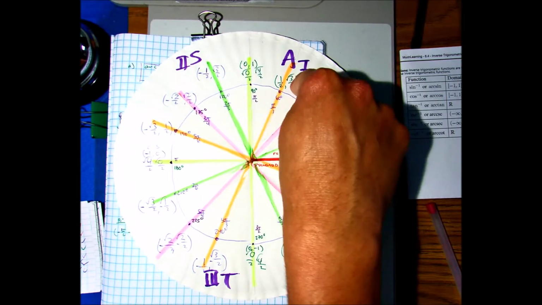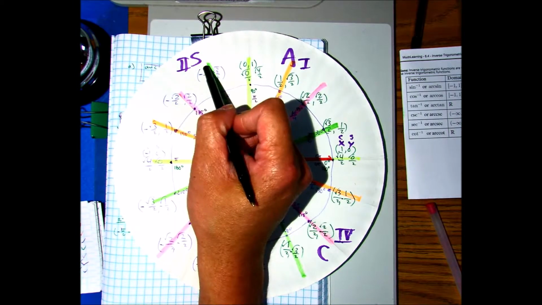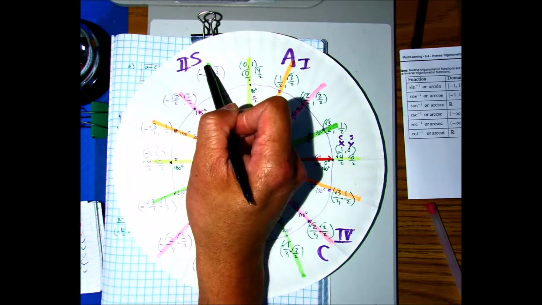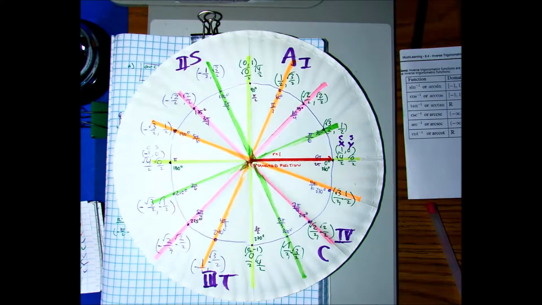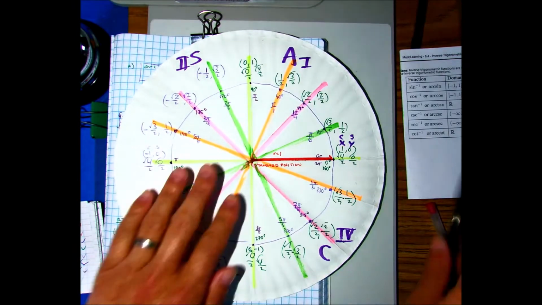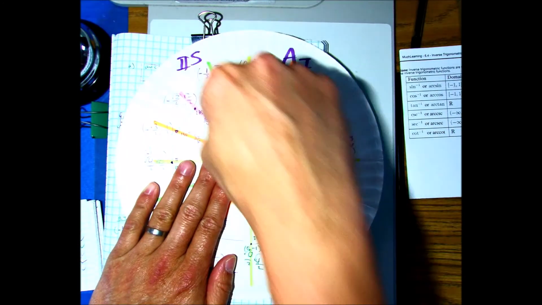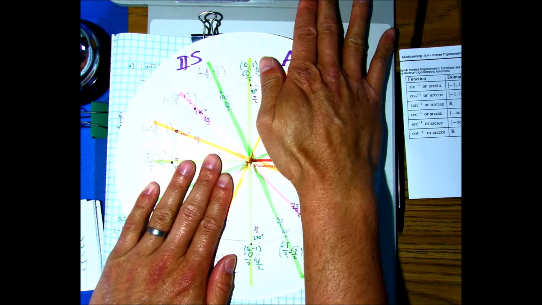Tangent is positive here, and second quadrant means sine and its reciprocal cosecant are positive. Everything else is negative, so tangent would be negative here. So I'm trying to figure out the positives. That would be A and T. That means I know that tangent is negative in these two quadrants. Do you guys see how I did that?